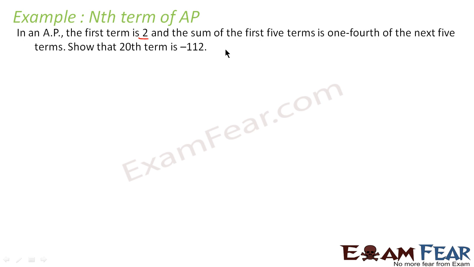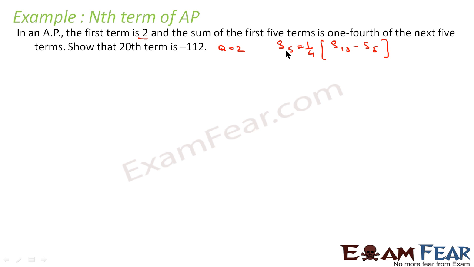Let's write whatever is told mathematically. The first term is 2, that is a is equal to 2. Also the sum of the first 5 terms, S5, is equal to 1/4 of the sum of the next 5 terms, that is S10 minus S5. Because this is the sum of 5 terms and this is the sum of 10 terms, when you subtract you get the next 5 terms.